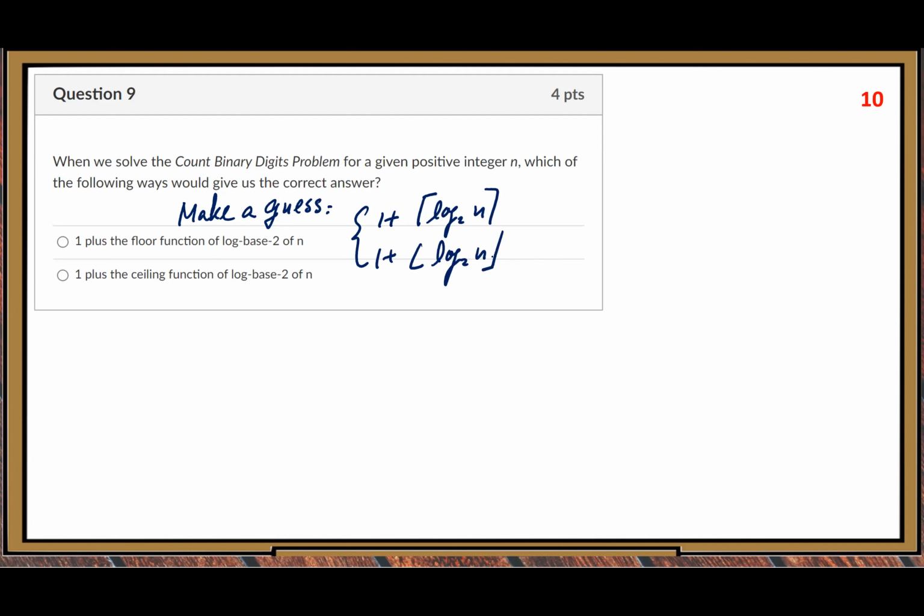You may ask why we need to make a guess here. First we consider n is a power of 2. When n is a power of 2, we get a formula, 1 plus log base 2 of n, and this is an integer.